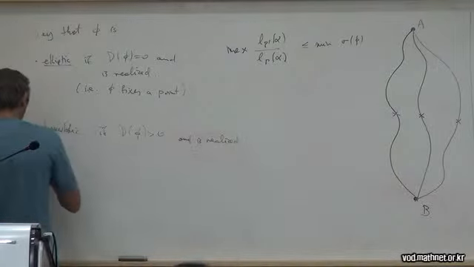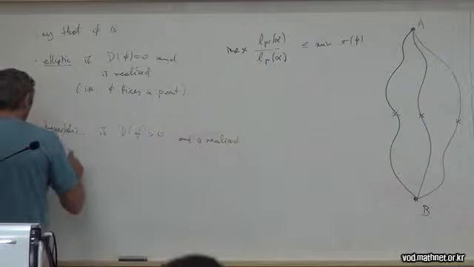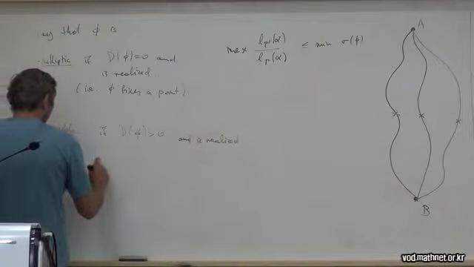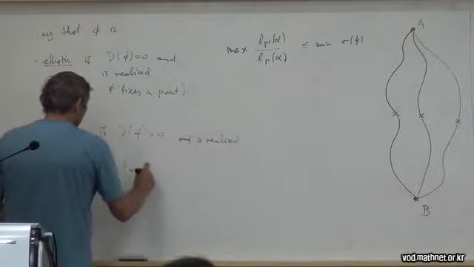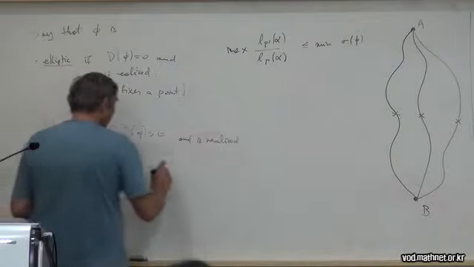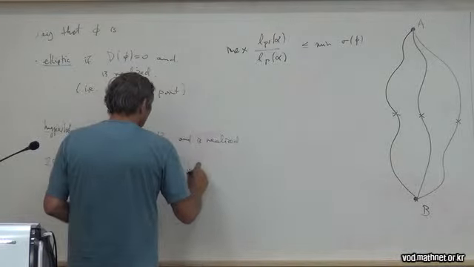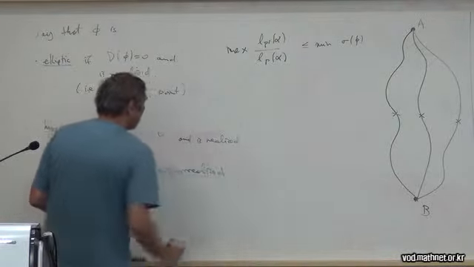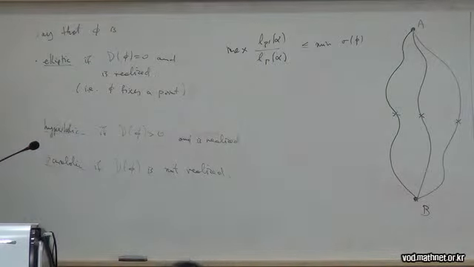And then it's parabolic if it's not realized. If d of phi is not realized, it could be 0 or positive, but it's not realized.